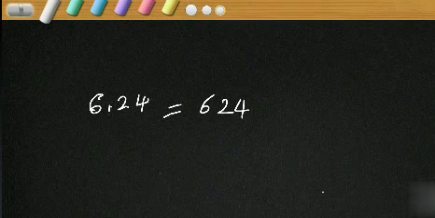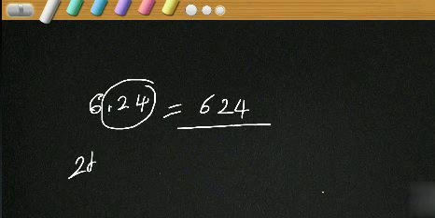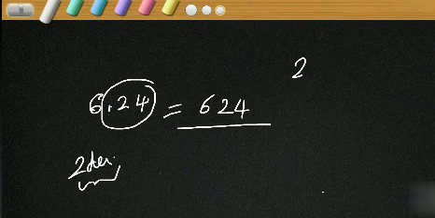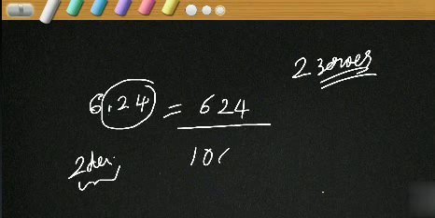Then in the denominator, how many zeros should be there? First we have to check how many decimal places are there. Two decimal places. So in the denominator there should be 2 zeros. So what would be the denominator? Yes, 100. 1 followed by 2 zeros, 100.